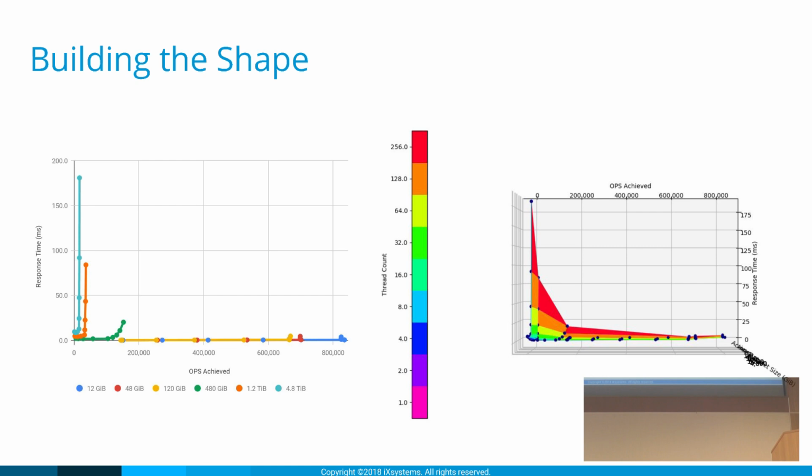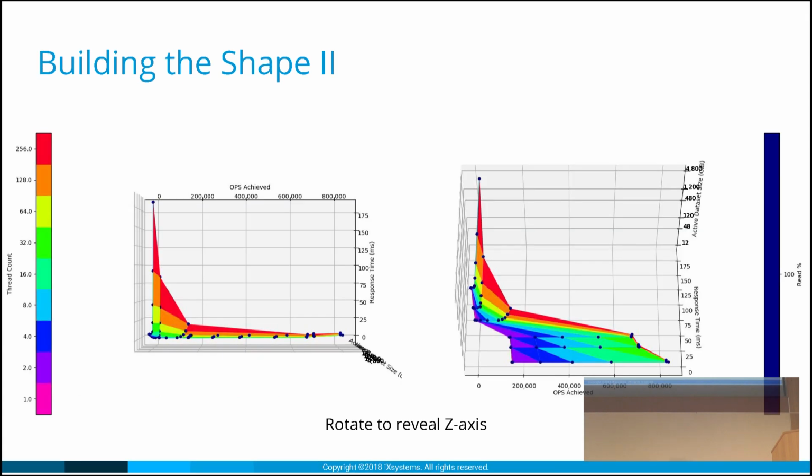Because the z-axis isn't perfectly level, you can see the points are sort of dodged a little bit better right there. But if we carry that shape forward here, you can see if we rotate it sort of down, the dimensions get a little hard. But you can see the full shape, and the increase in response time is a little exaggerated here because of the view.